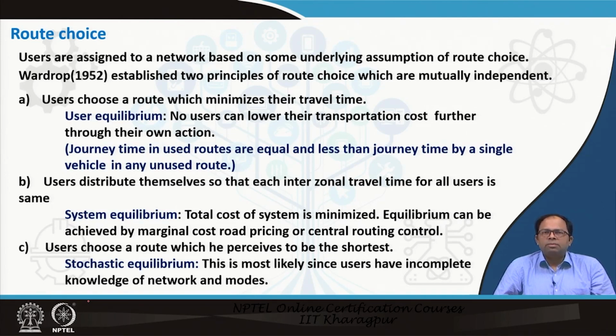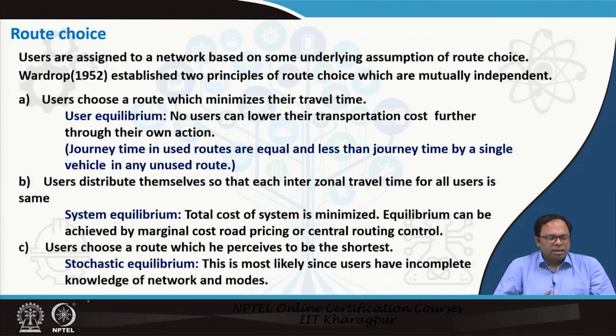So, this is how system equilibrium could be achieved. But as you can understand, in most cases we end up with the user equilibrium, because system equilibrium is both difficult to achieve, and also it is not based on behavioral principles, because people do choose routes which they feel are the shortest based on the information they have got, and so on.